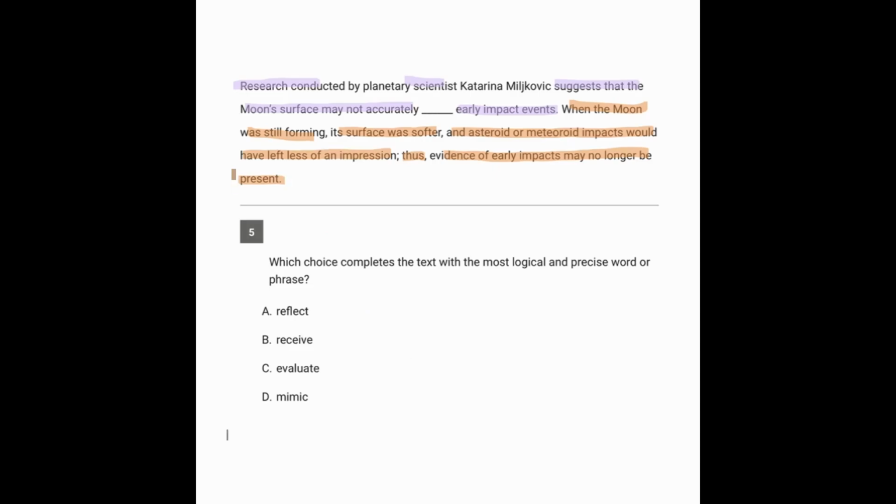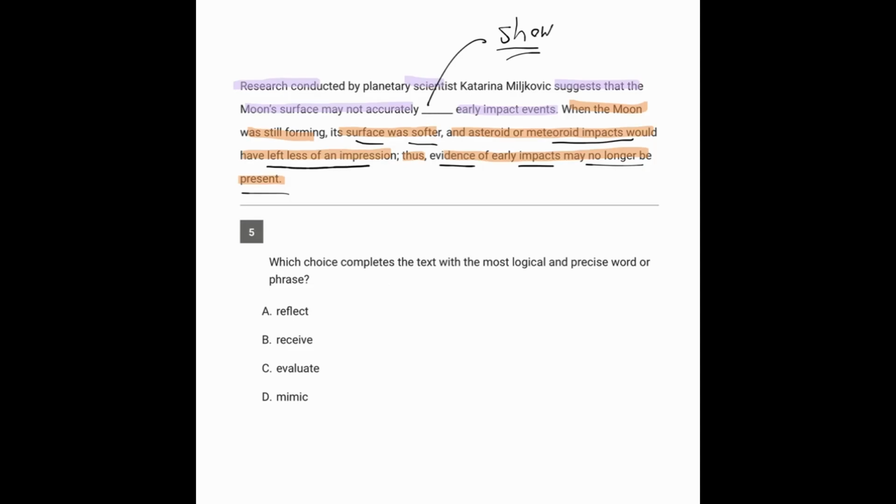So what we're seeing is a story about how, at some point, the surface of the moon was softer, and asteroid impacts left less of an impression. So the evidence of the impacts was not going to be present. So in my own words, I might say that the moon's surface may not accurately show early impact events.